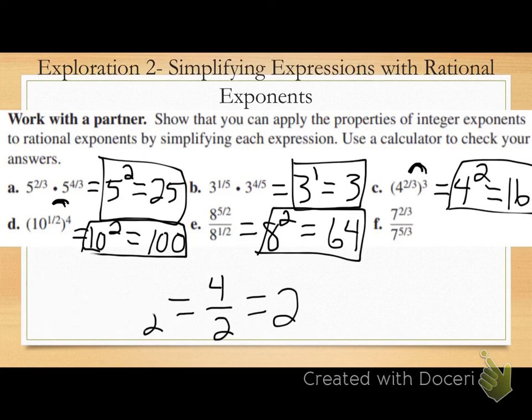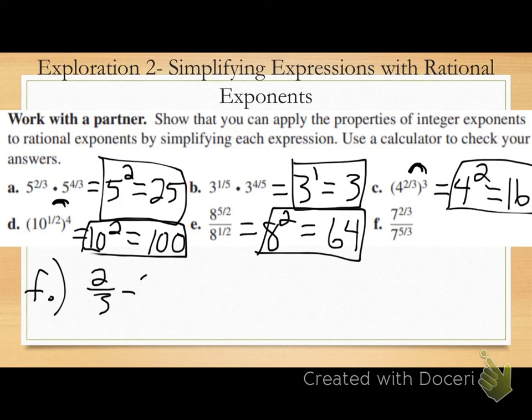And the last one, letter F. I have 7 to the 2/3 power over 7 to the 5/3 power. Do my numerator and denominator have the same base? What's the base? 7. So what two numbers am I subtracting here? It's a little tricky here. 2/3 minus 5/3.